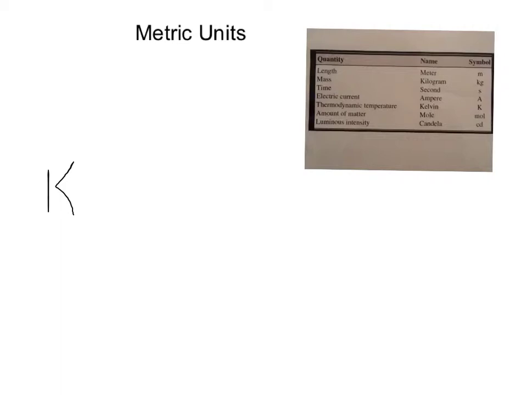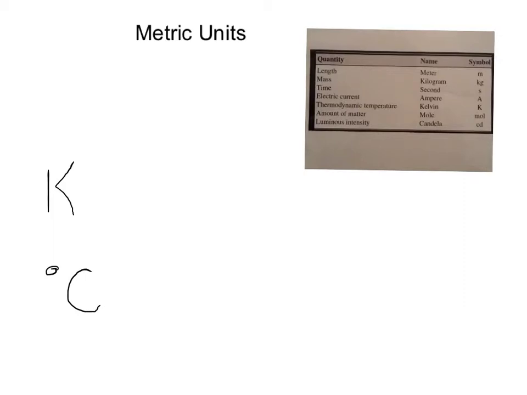When it's actually at zero, there is absolutely no thermal energy in an object, meaning there's absolutely no movement in the molecules, which doesn't happen in our universe that we know of. And so this is a very logical system. It starts at zero.